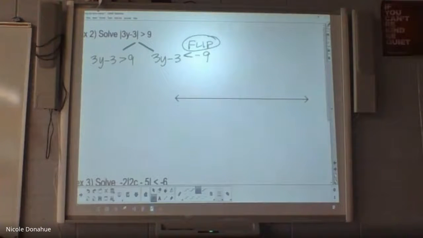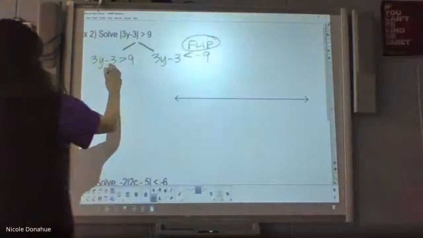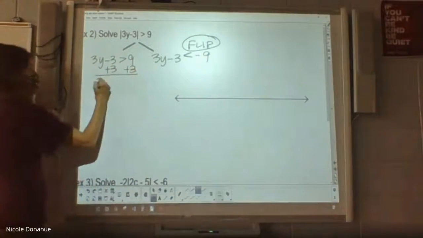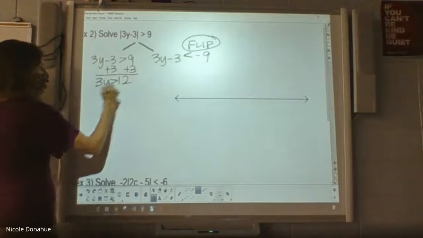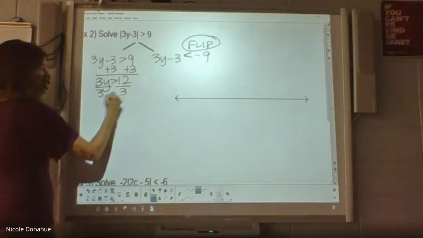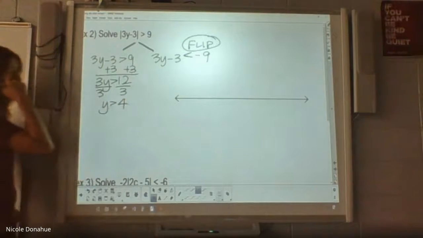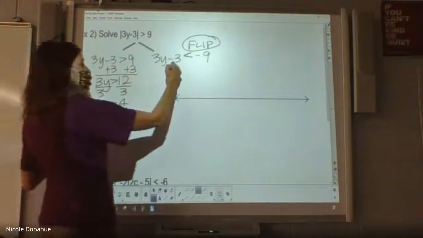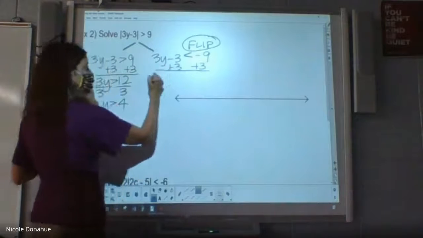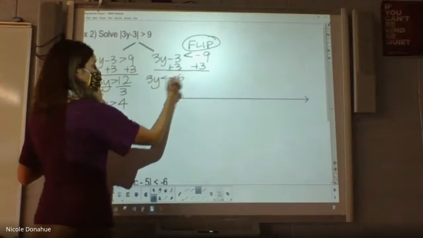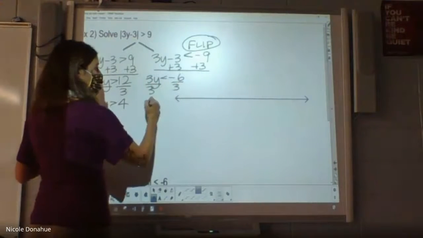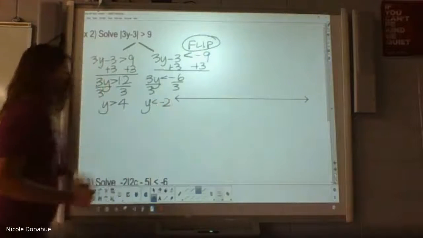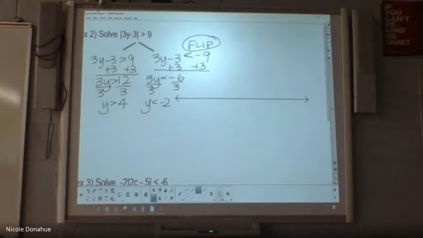Now we're going to solve these just like we normally would, and then we'll put them on our number line. Y is greater than 4. Y is less than -2.